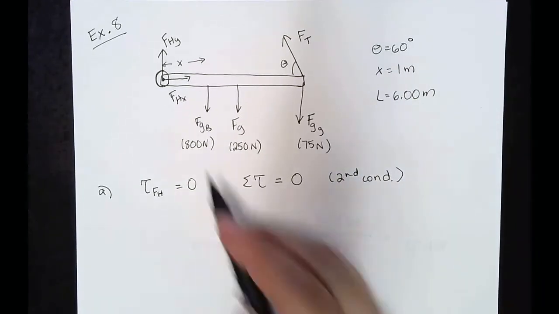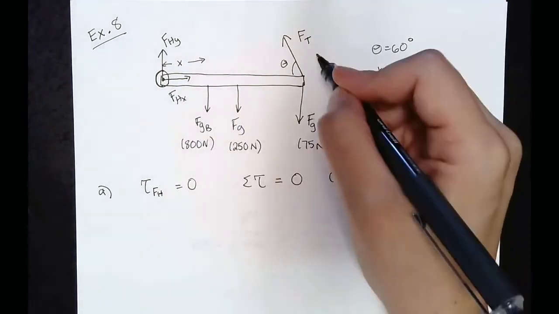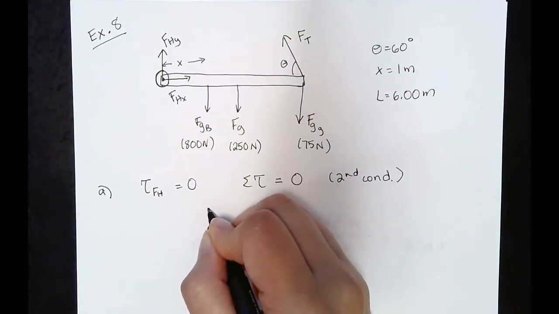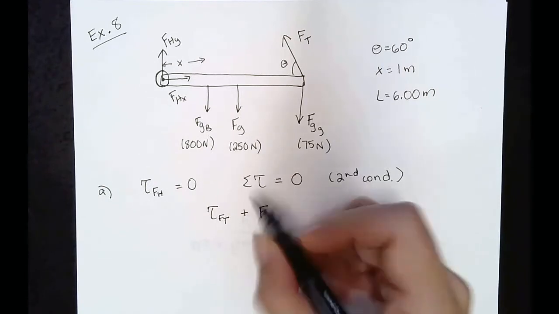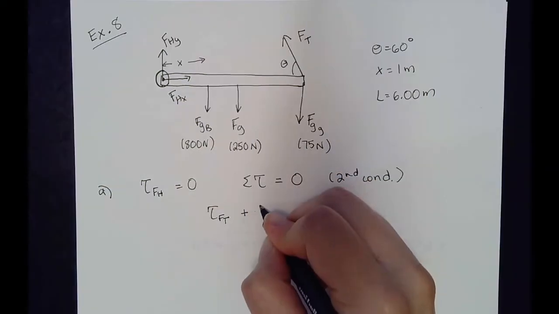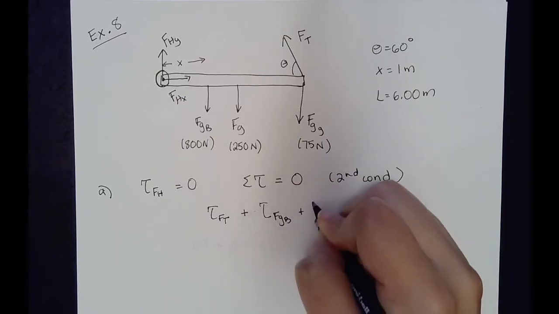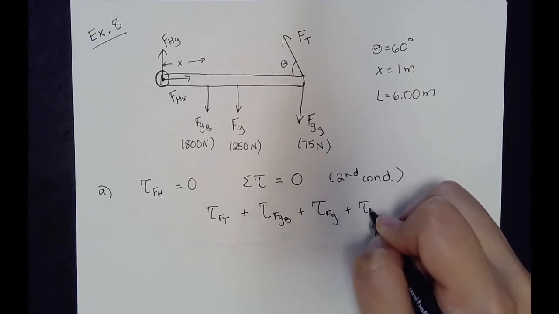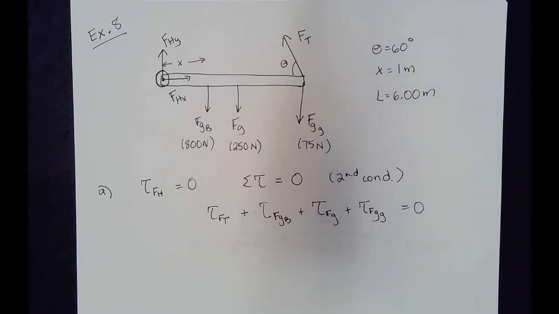And let's sum the torques about this point. So I'm going to have this torque due to the tension, which would be a counterclockwise torque. So the torque due to Ft plus these 3 weights, which are all clockwise. I'll add the sign in the next step. So the torque due to the bear and the weight and the goodies all add to 0.